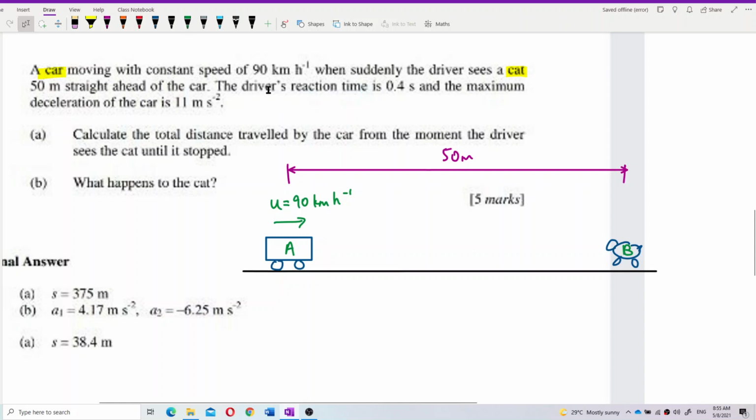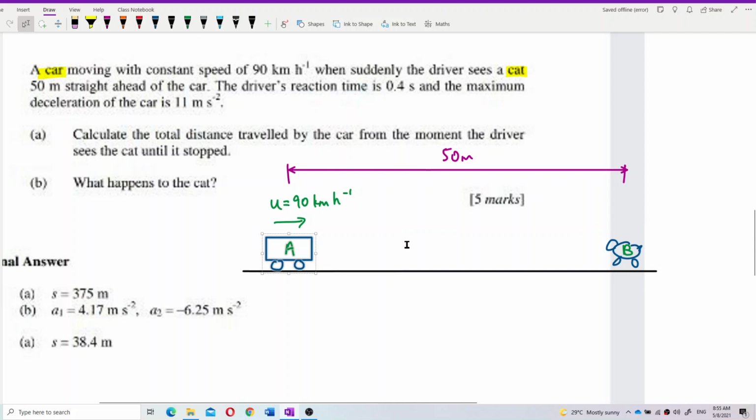So the driver reaction time is 0.4 seconds and the maximum deceleration of the car is 11 meters per second squared. That means this driver doesn't immediately brake. It takes 0.4 seconds, then only it starts to brake. So this car is still traveling at the same speed, 90 km per hour, for 0.4 seconds.